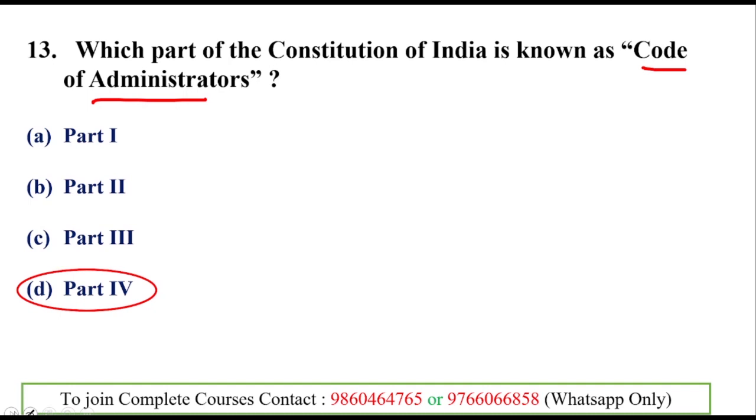Here you can see the state shall, within the limit of its economic capacity and development, make effective provision for securing the right to work and education and public assistance in case of unemployment, old age, sickness, and disablement. So the directive principles give us the welfare state policy, and that's why it's called the code of conduct of administrators. Okay, so it is prescribed in Part 4 of the constitution.